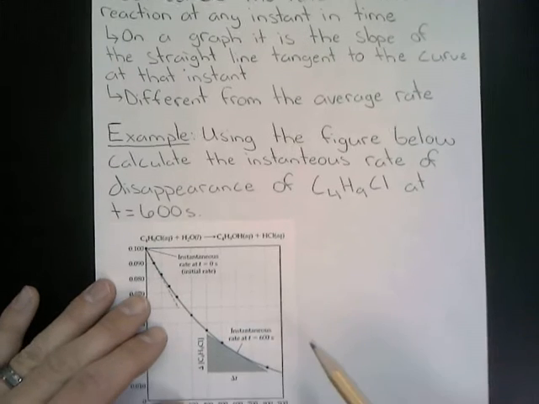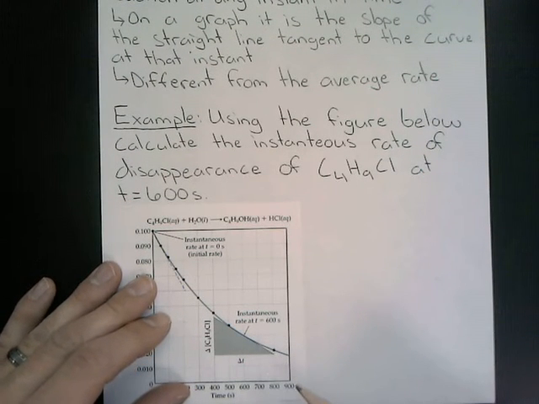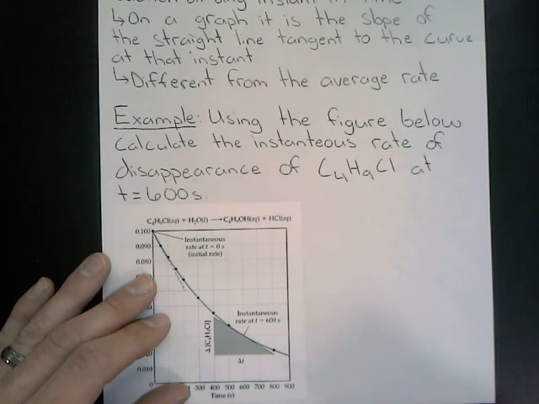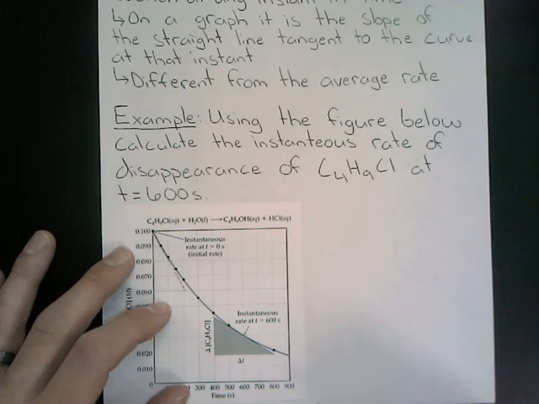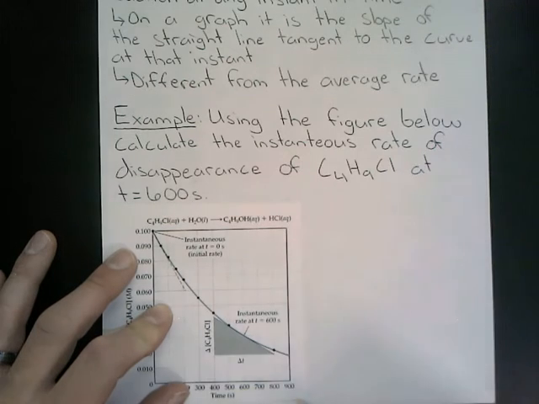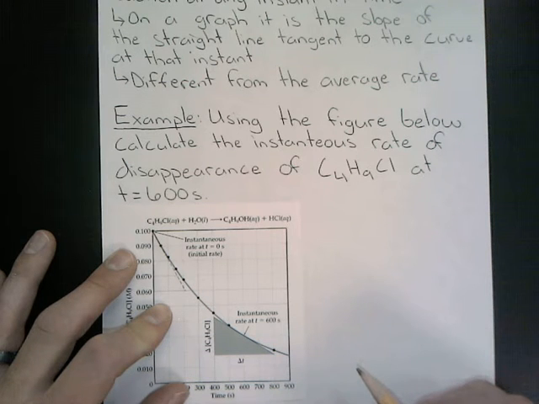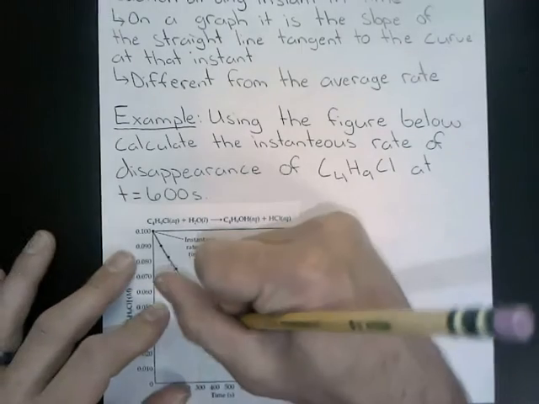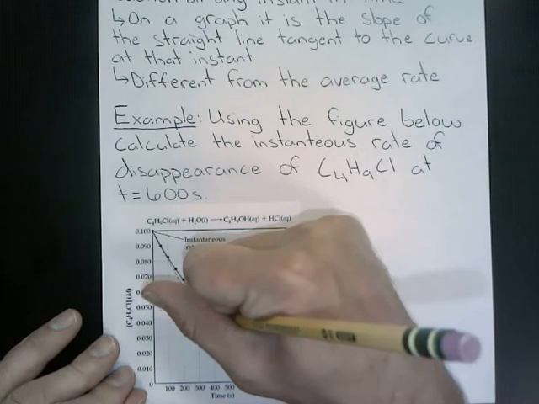What we have here is this nice little gray area, and we're going to use this tangent line to find our instantaneous rate right here. Remember, a tangent line just touches the curved line in one spot, and to find the slope of that line, we're going to use these particular points.